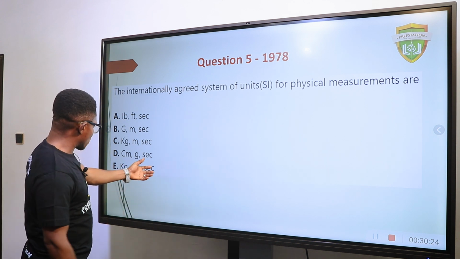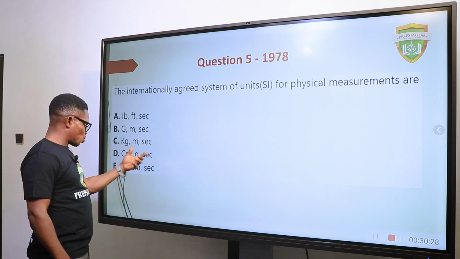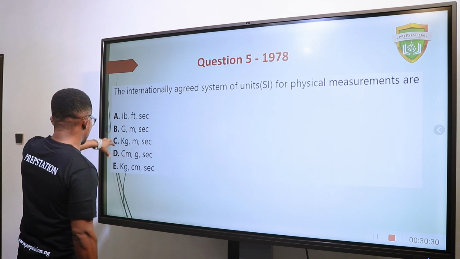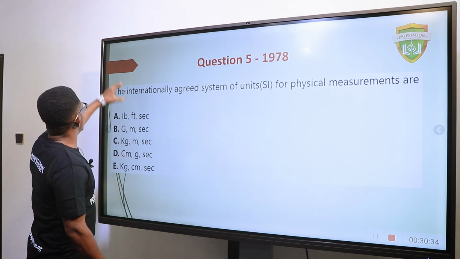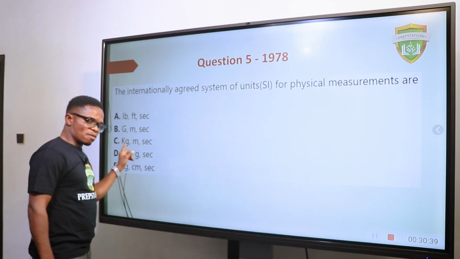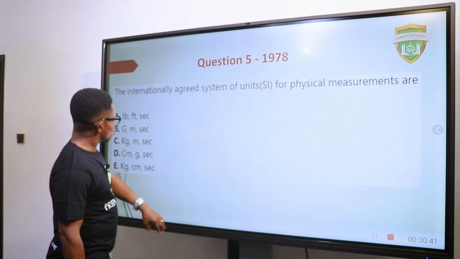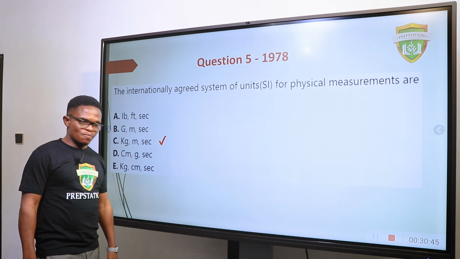Centimeter, no. Second, fine. So this cannot be. Grams, no. Second, yes. So this cannot be. G, M, and second, this cannot be. This is in pound, feet, second. So the correct answer here is kilogram, meter, and second. Hope you got that.